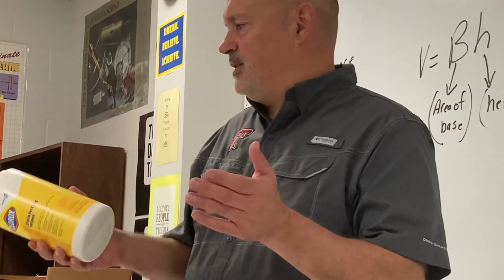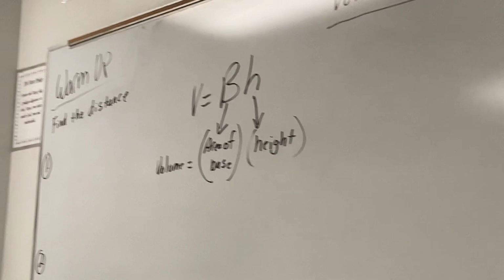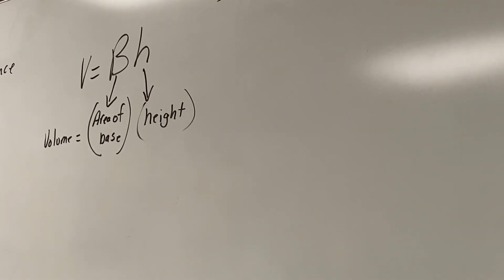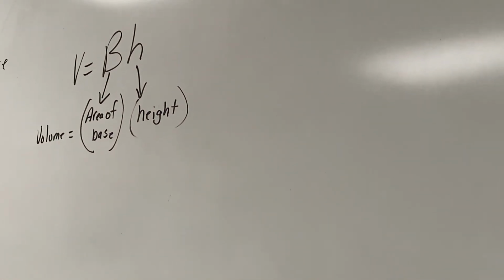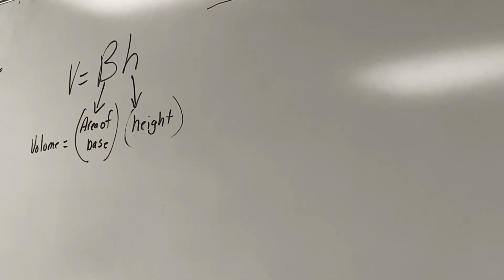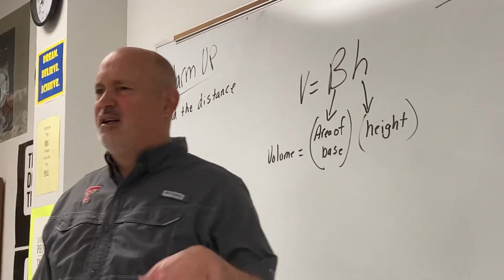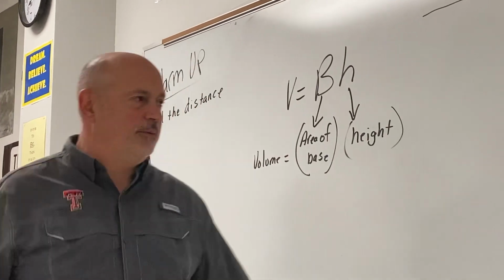So some shapes, as we get a little further down the road, I've got a triangular prism somewhere. It kind of becomes hard to see which one's the base, but that's the key. There's always two of the bases. So anyway, we'll get to that.